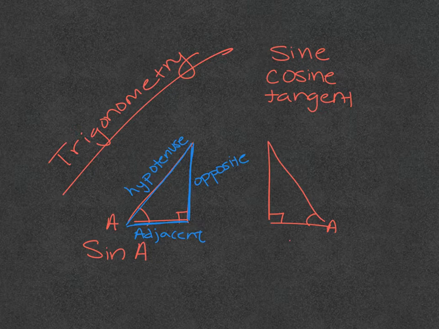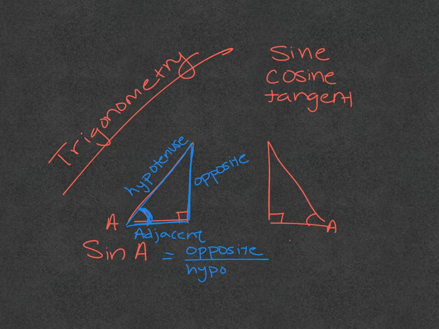So when we look at our reference angle A, and we want to come up with our ratio, sine of the reference angle A is the opposite side length over the hypotenuse side length. That ratio for any right triangle that has the same reference angle A will have the same ratio of the opposite side to the hypotenuse side.